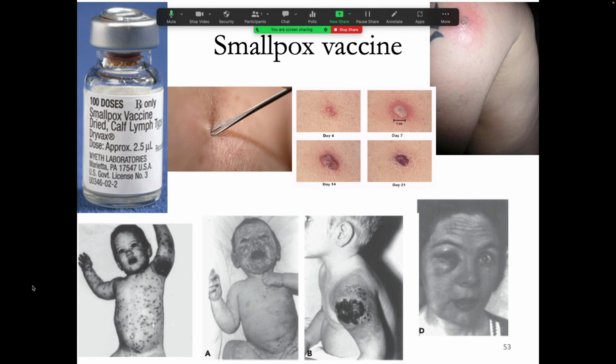There are currently 2 vaccines that can be given to protect against monkeypox. The World Health Organization renamed it last week. There are 2 vaccines that can be given to protect against mpox. One of them is called ACAM 2000, and it's basically this.